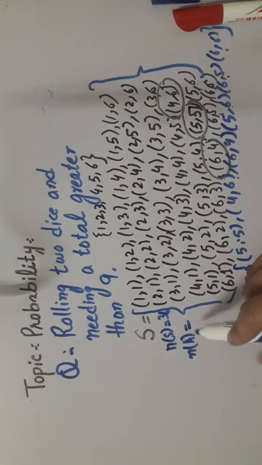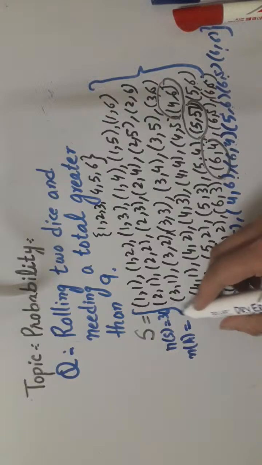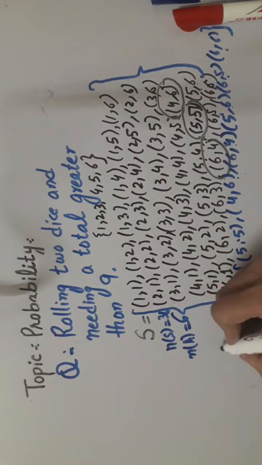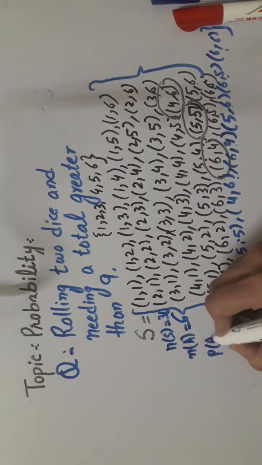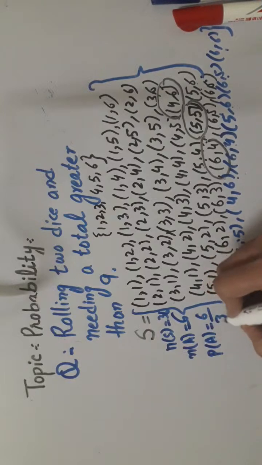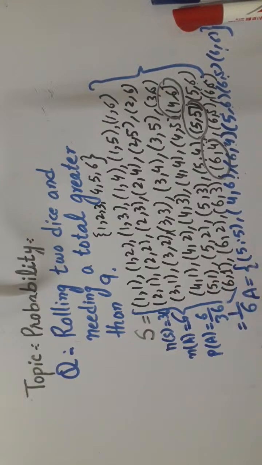So n of A will be equal to 6. So the probability of this event is 6 by 36, and we will get 1 by 6. Now we will solve another question.